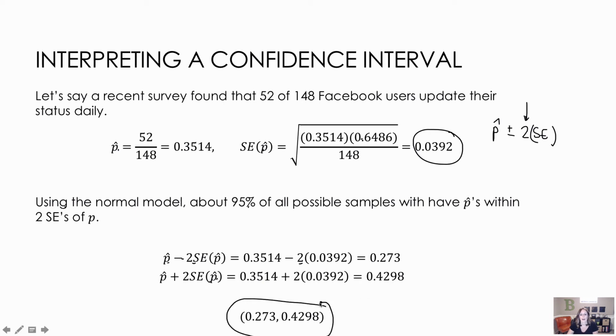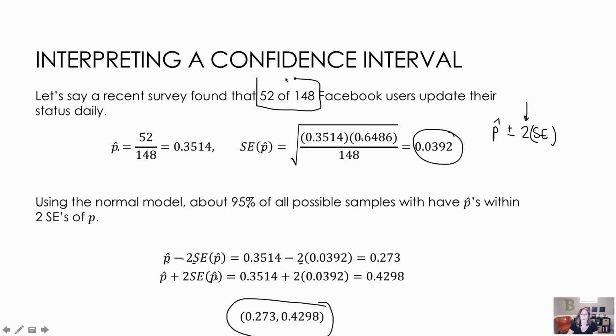So this is my interval. This is what I would expect to see. I'm 95% confident that the actual number of Facebook users that update their status daily is between 27.3% and 42.98%. That is what I can say based on this interval.